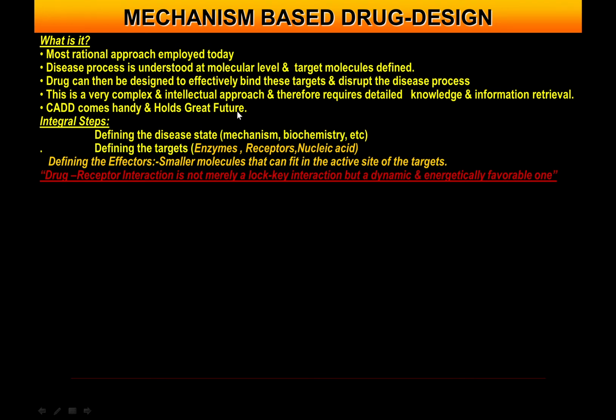And CAD becomes very handy and holds great future. The integral steps are defining the disease state or mechanism, the biochemistry underlying that, defining the targets, that is receptors, enzymes, nucleic acid, and defining the effectors or ligands, that is small molecules that can fit into the active sites of these macromolecules.